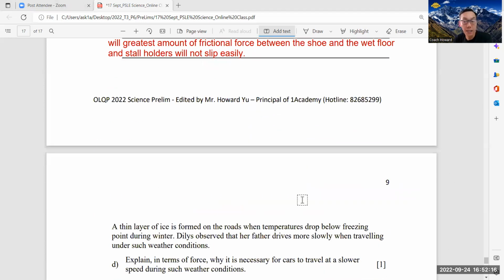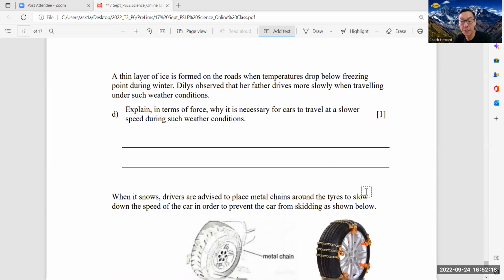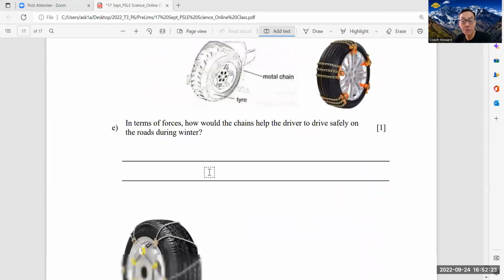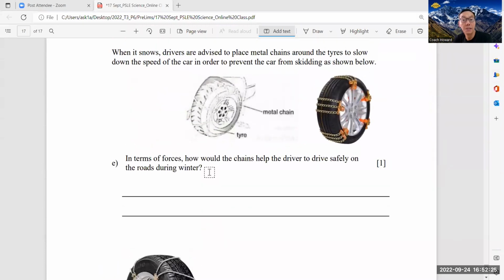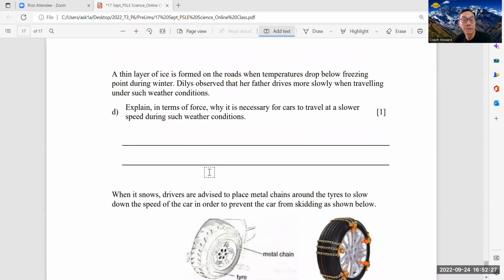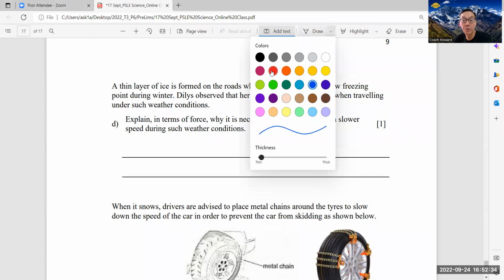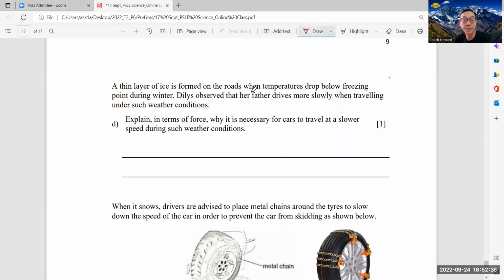This is the last section of last week. I've gone through this question earlier, just a review. They say a thin layer of ice is formed on the road when the temperature drops below freezing point, because when water freezes it becomes ice.